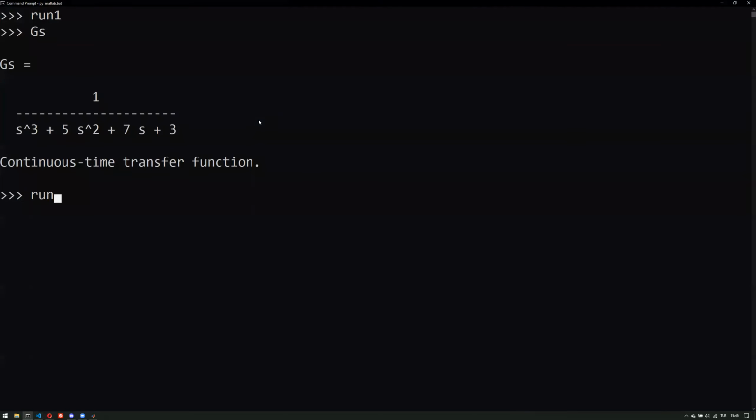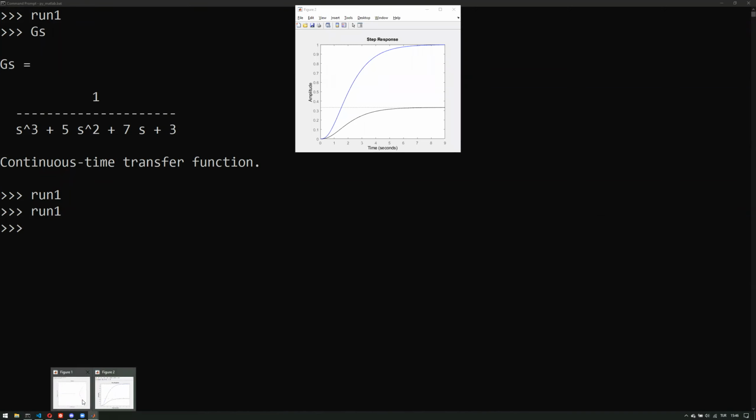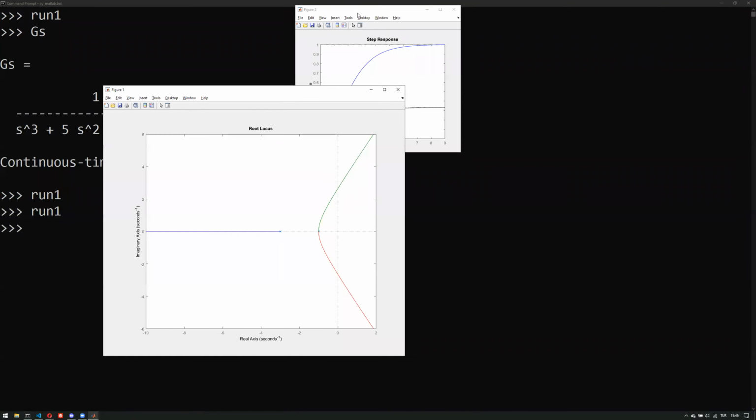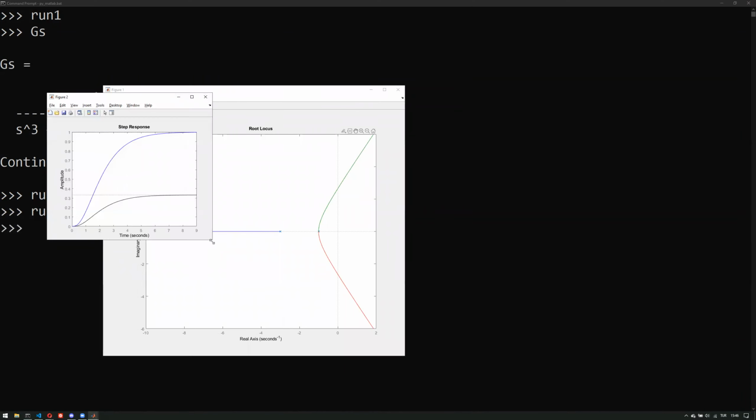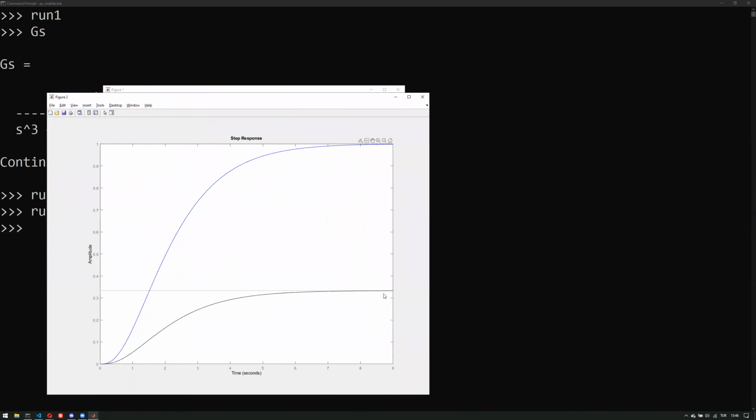There we go. Now we still have this root locus, which I'm going to focus on in a minute. But here you can see they behave differently. Now, if I have a certain input of 1, I can immediately see that it settles down to a third.